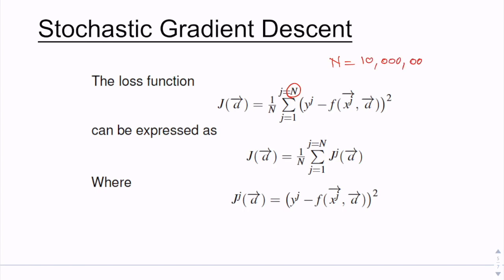Imagine you also have p, say 80,000 parameters, and you do, say, 1,000 iterations.